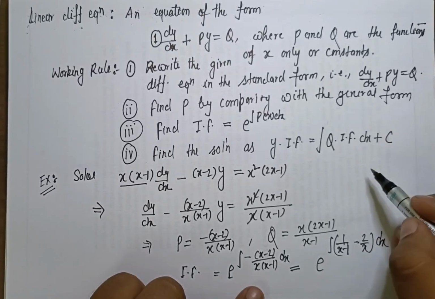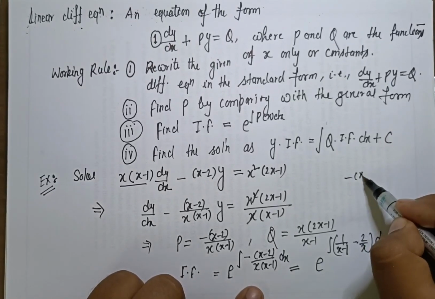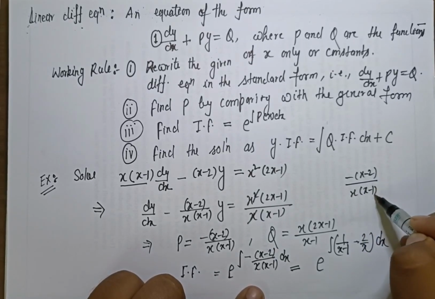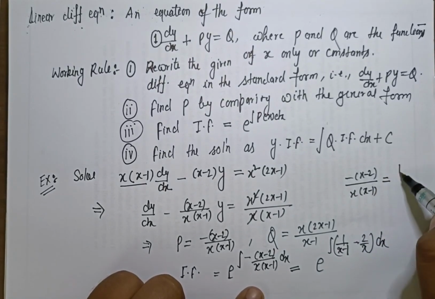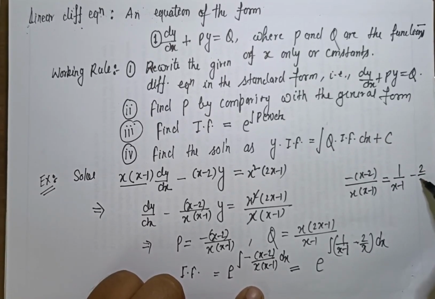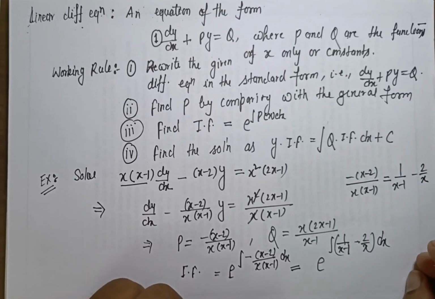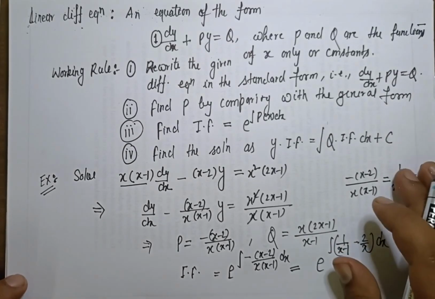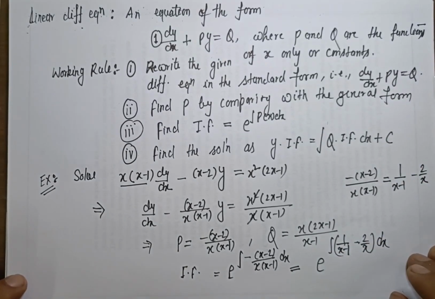Basically this term, minus (x minus 2) divided by x into (x minus 1), can be written as 1 upon (x minus 1) minus 2 upon x by the partial fraction method.